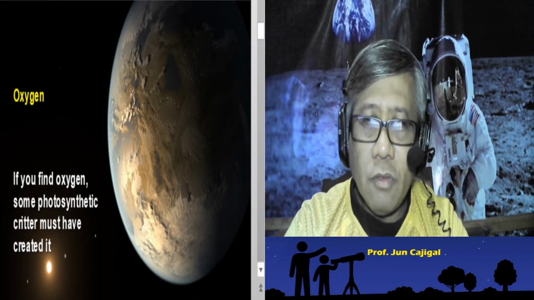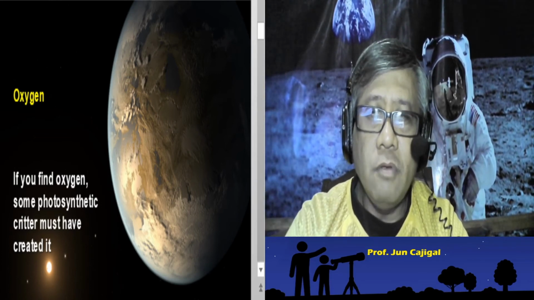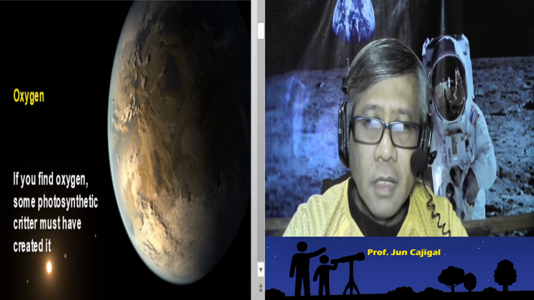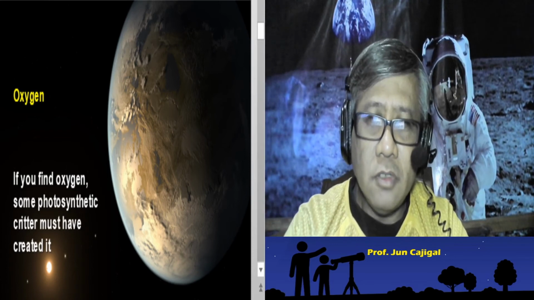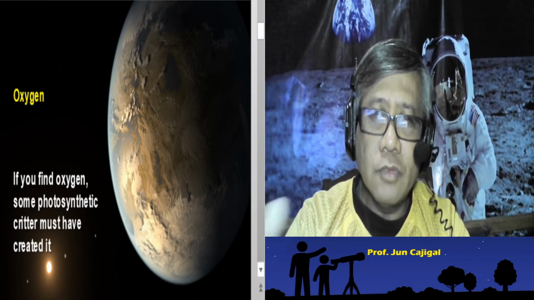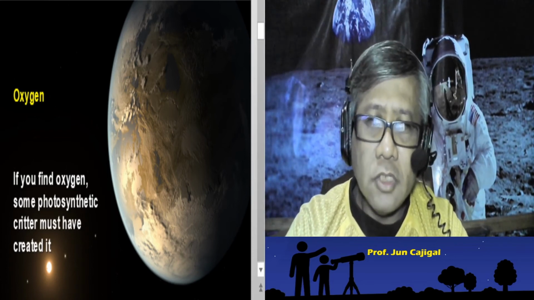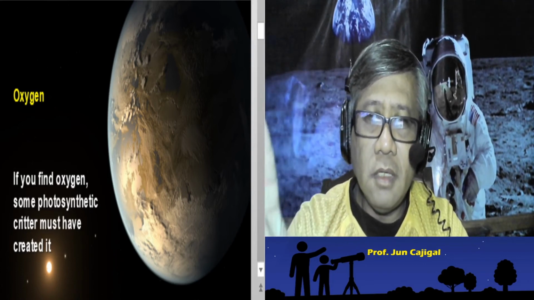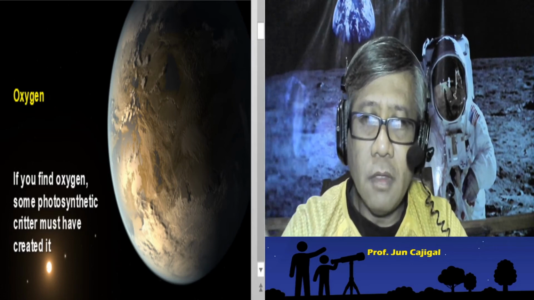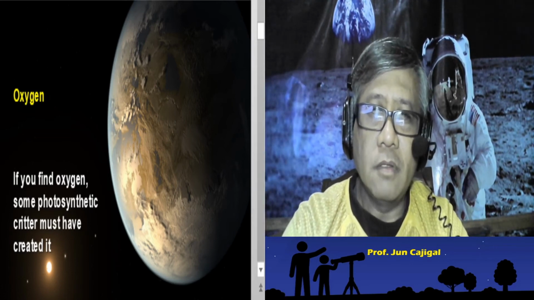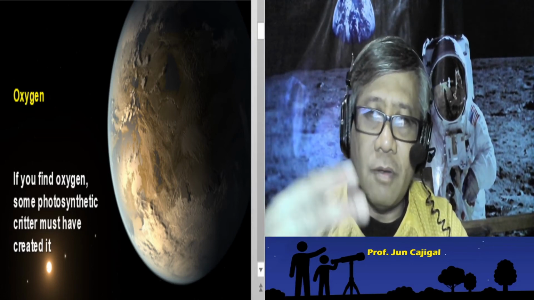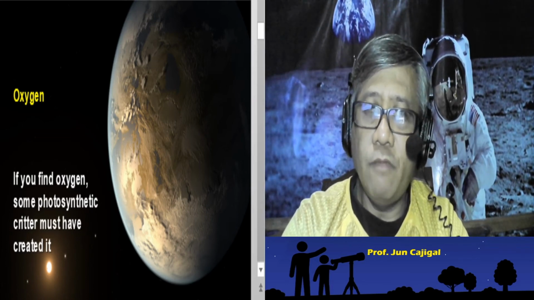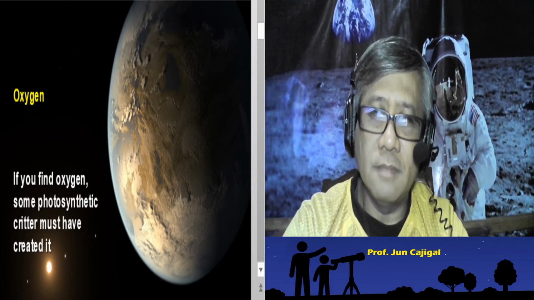Like what happened to our planet 2 billion years ago when cyanobacteria had evolved and they harnessed the energy from the sun through photosynthesis and emitting oxygen for the first time. Okay? So oxygen is a very significant biomarker. Okay, so kung ang exoplanet ay may oxygen, then our assumption is that there must be some photosynthetic organisms.